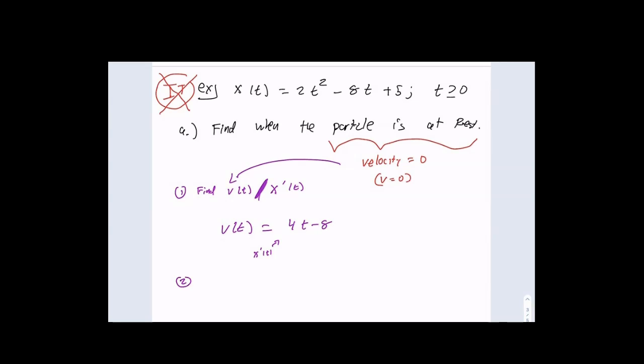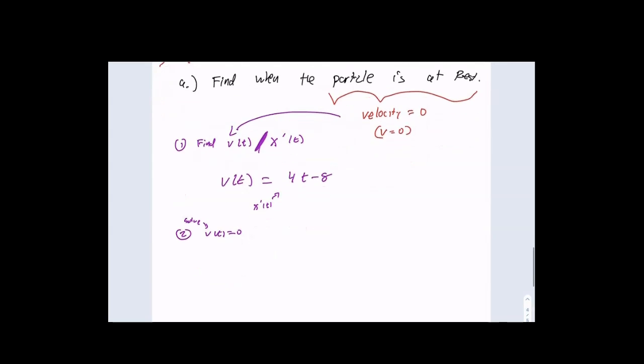Second, we need to find when v of t is equal to 0. So I need to solve v of t: 4t minus 8 equals 0. So 4t equals 8, so t equals 2. And that's it.